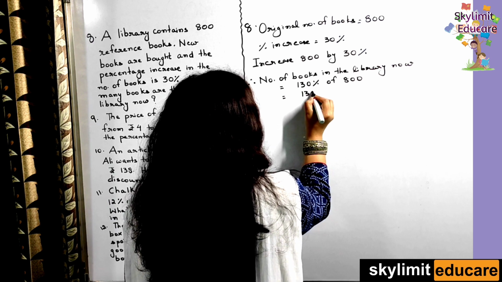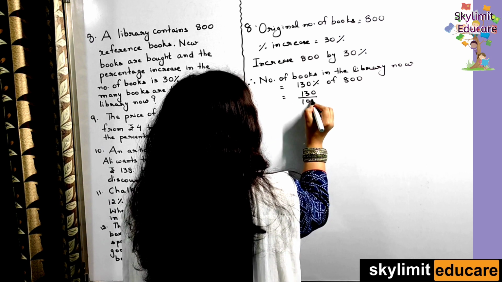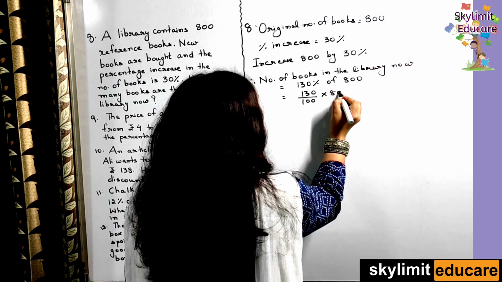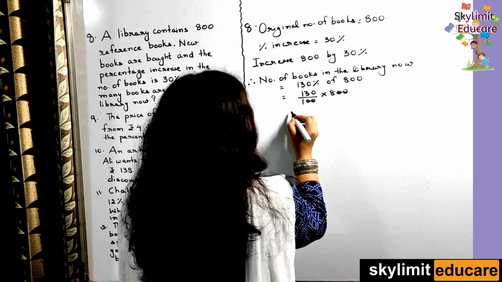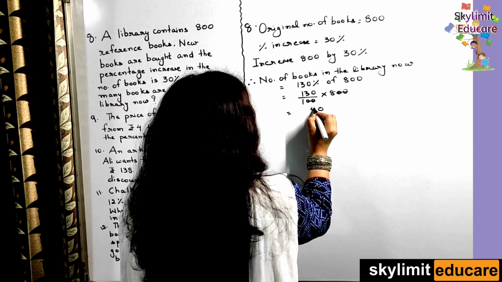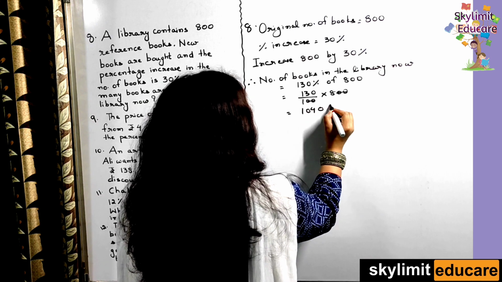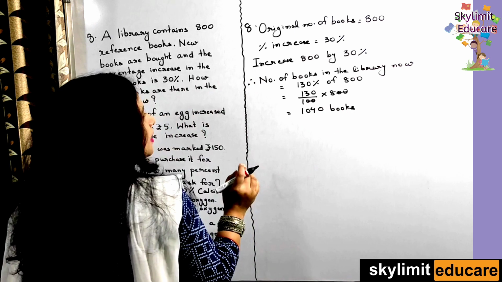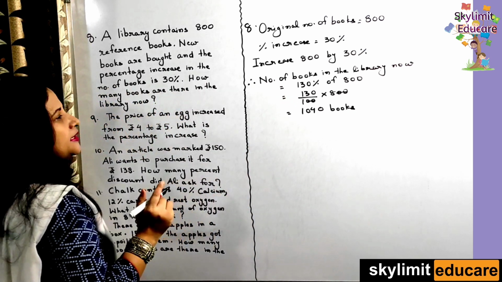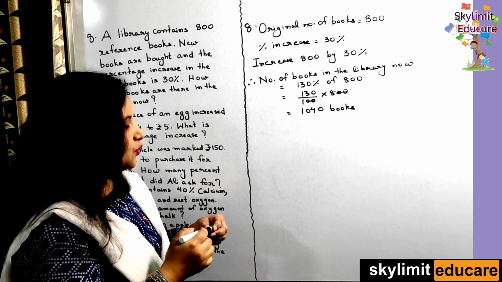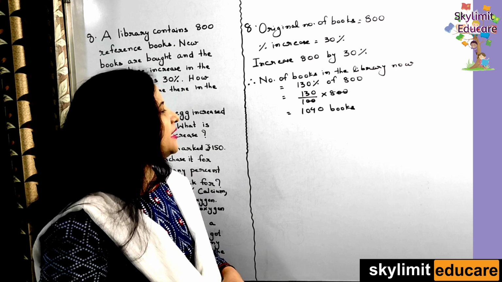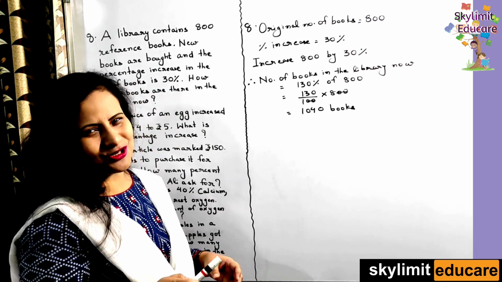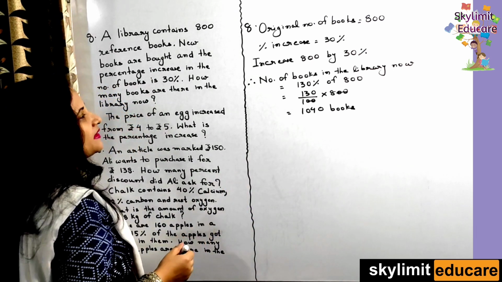So that is 130 by 100 multiplied by 800. So now we can easily find the present number of books. 1040 books. So after an increase of 30%, the number of books has increased from 800 to 1040. So the new number of books is 1040.